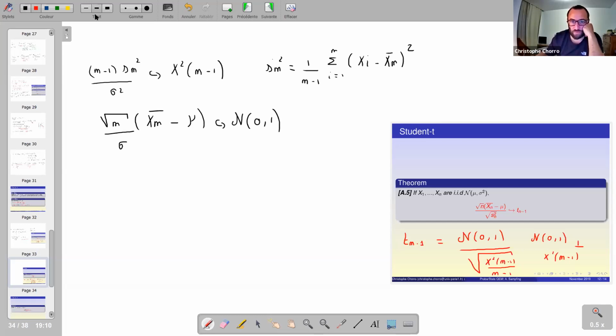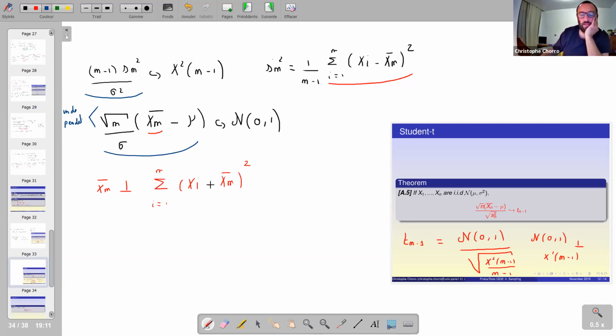And we also have seen together that xn overline is independent of this one. So this one and this one are independent, implying that these two quantities are, of course, independent, from what we have seen previously.